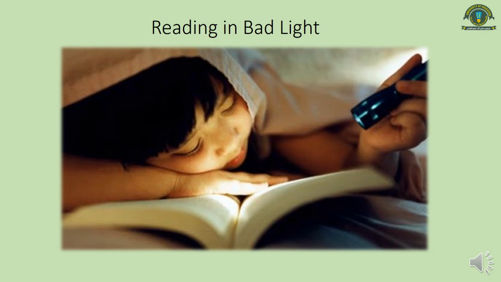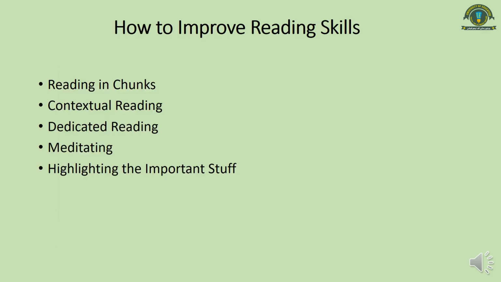The only good thing about this picture is that the light is coming from the left side of this baby. He is having a torch in his hand, that is a bad thing, but the light coming from the left side is a good thing. Light should always be coming from the left side of your book, even if you are reading under a table lamp. You should make sure that light comes from the left, not from the right.